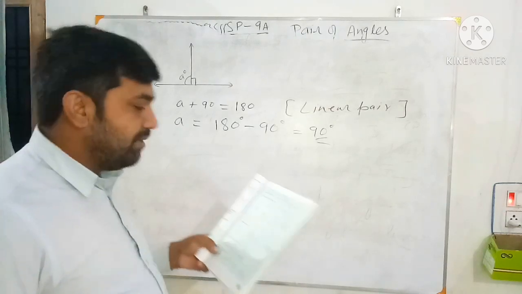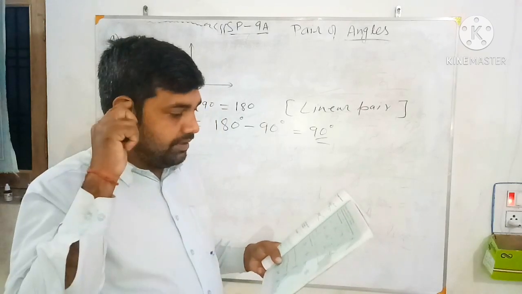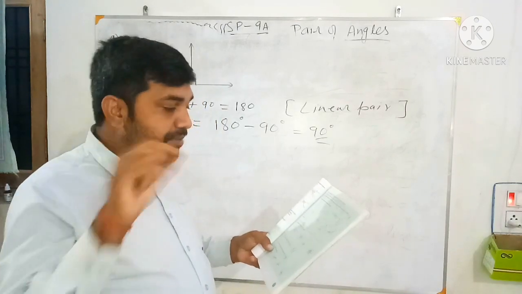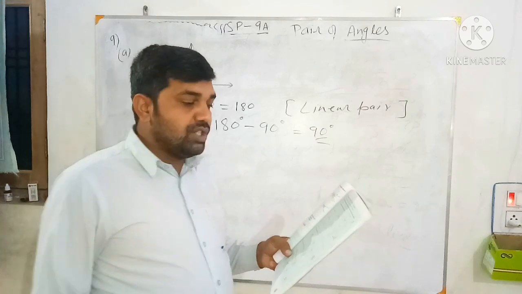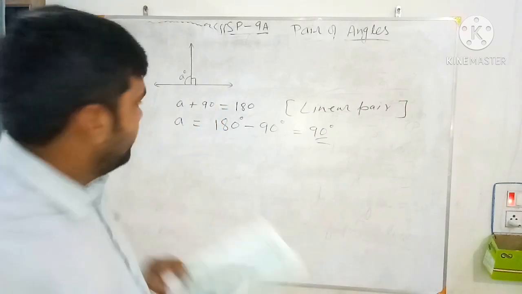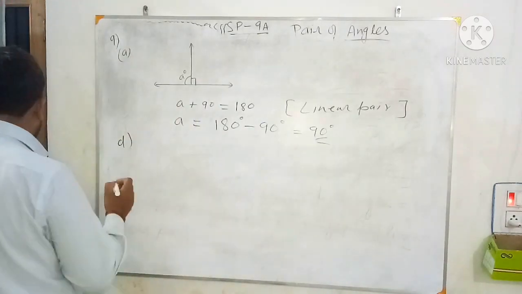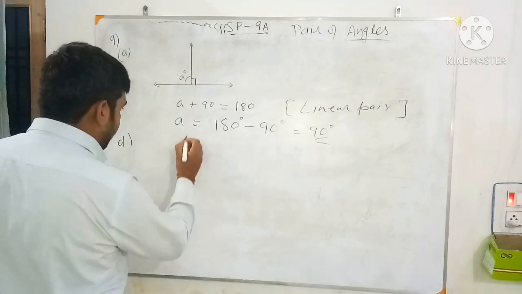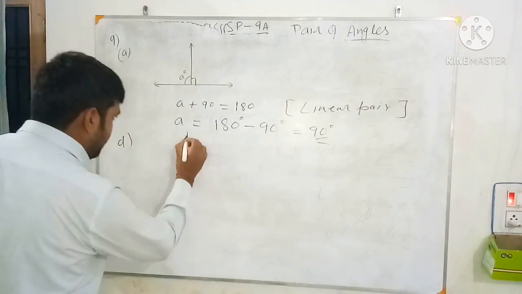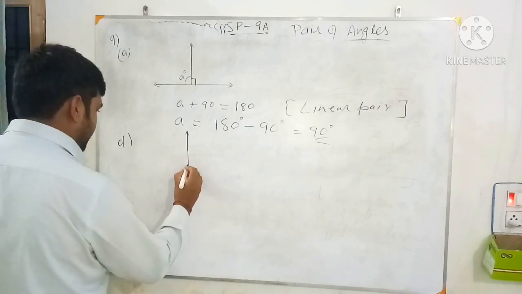Similarly, you can do question number C also. X plus 39 equals 180 degrees, a linear pair. Similarly, you can do question number D also. 7B plus 2B equals 180 degrees, a linear pair. In question D, on a straight line, two angles are drawn.